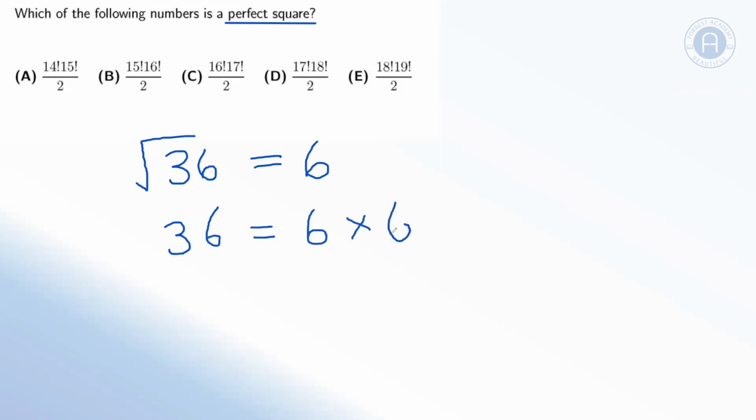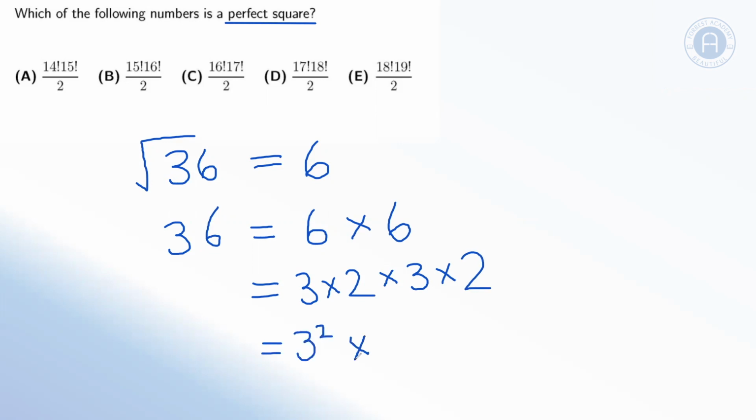But something else we could do with 6 multiplied by 6 is break that down even further into its factors and get 3 multiplied by 2 multiplied by 3 multiplied by 2, which we could also write as 3 squared multiplied by 2 squared.